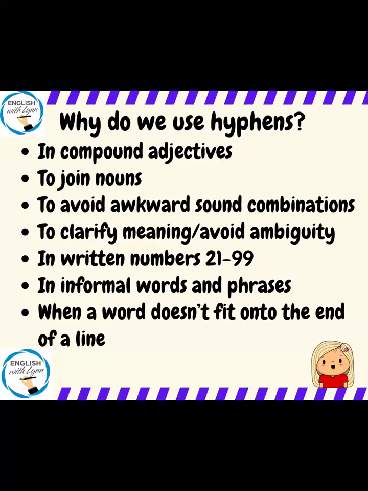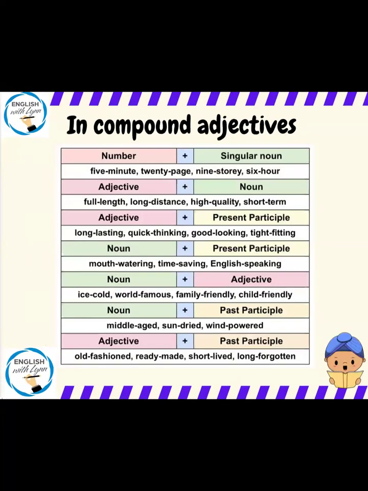So the first reason, compound adjectives. And what we mean by compound adjectives are adjectives that are made from two different words. And there are several ways of making the compound adjectives. You might have a number and a singular noun.